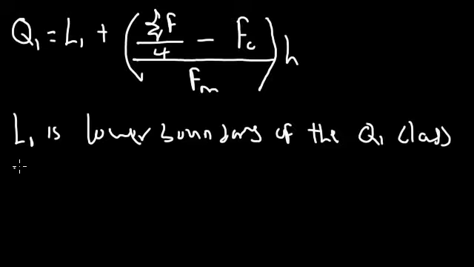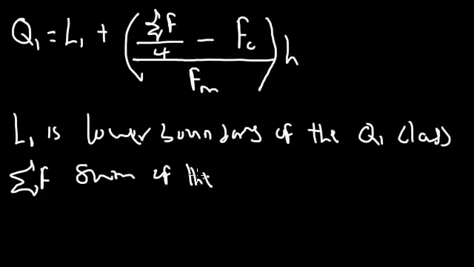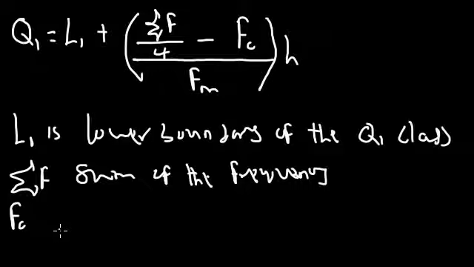Now, summation of F is not something new to you. You already know what it is, the sum of the frequency. Now, what about F sub C? F sub C is simply the cumulative frequency below the Q1 class.